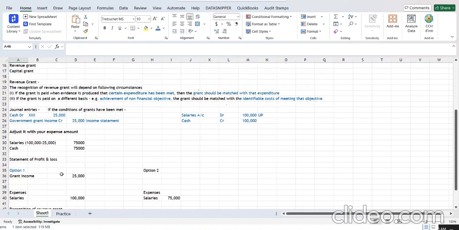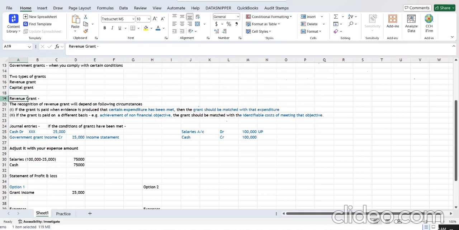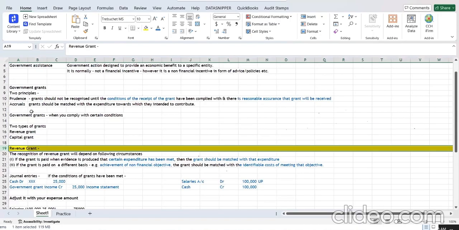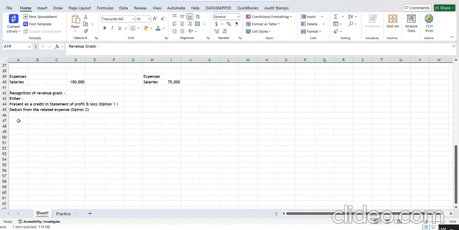Okay, so let's move on to our capital grants now. So this was revenue grants, and now let's move on to capital grants. Capital grants are the grants that you're receiving not just for the regular expenditure that you're doing.